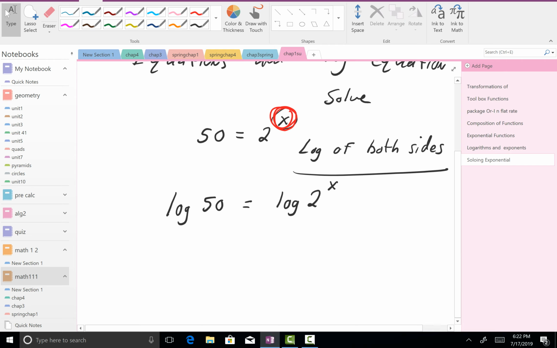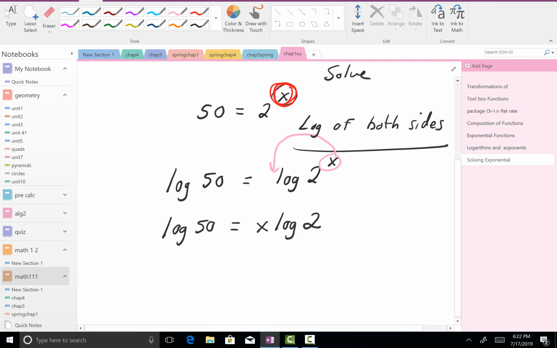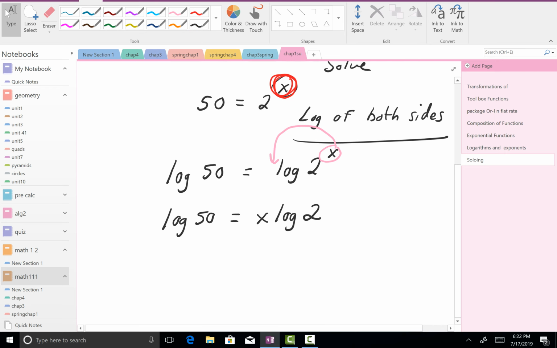So now what happens is that our property of logarithms says that this thing, remember, pops out in front. So now this becomes x times log 2, which makes this problem easy now, because all we have to do to figure out what x is just divide by whatever the log of 2 is.